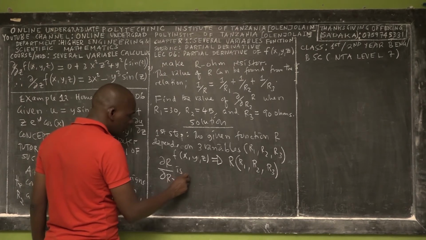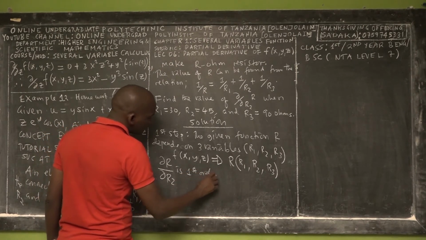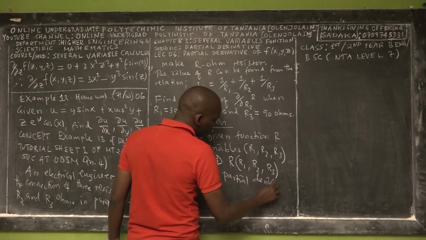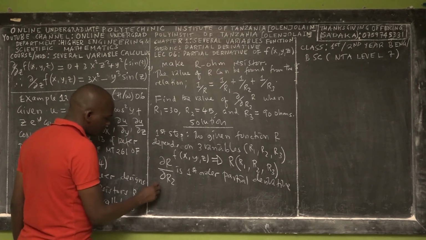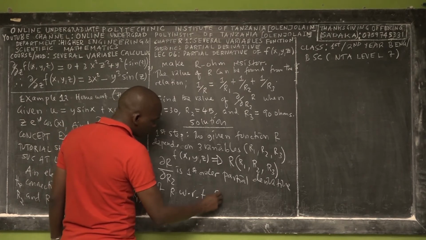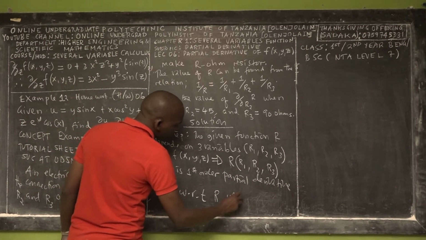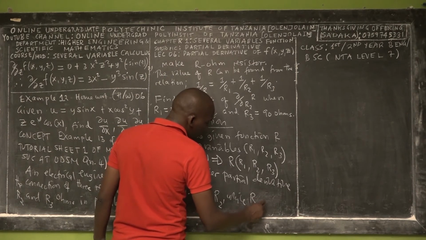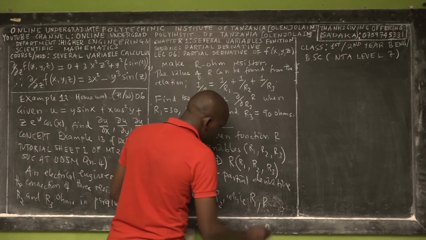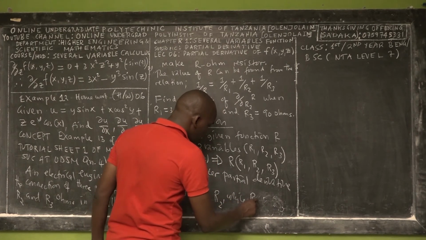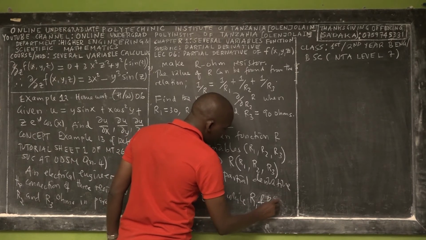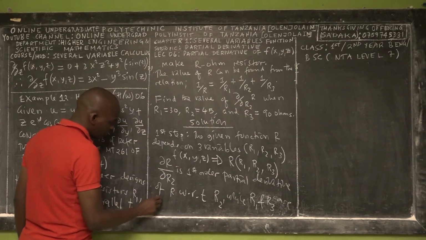We say that this is the first order partial derivative of R with respect to R2, where R1 and R3 are kept constant.